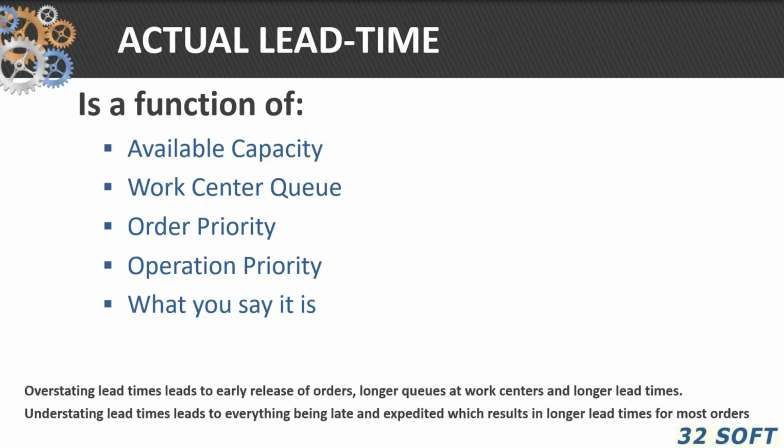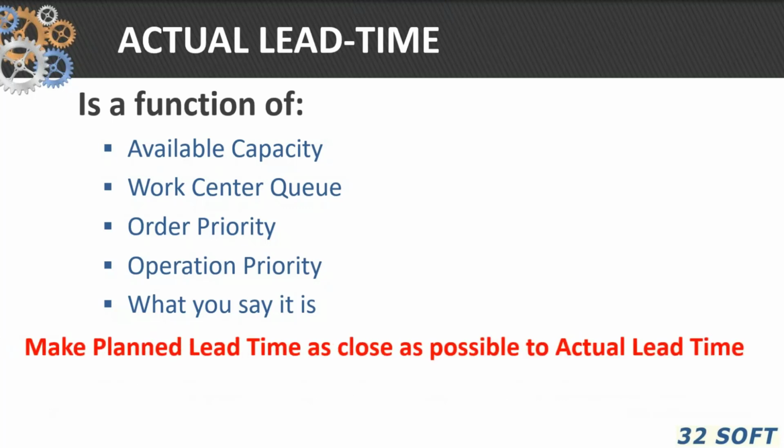Basically, it's what you say it is, what actual lead time is. If you're overstating your lead times, it's going to take longer. If you're understating lead times, you're going to have everything late and expedited. So the basic rule is make planned lead time as close as possible to actual lead time.